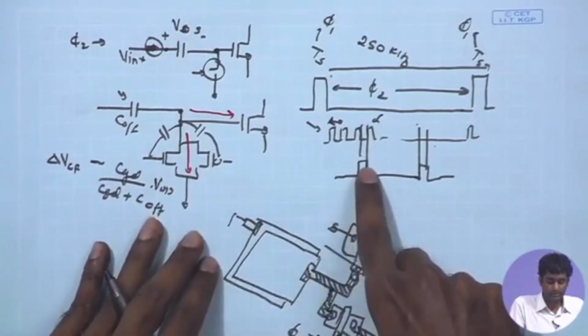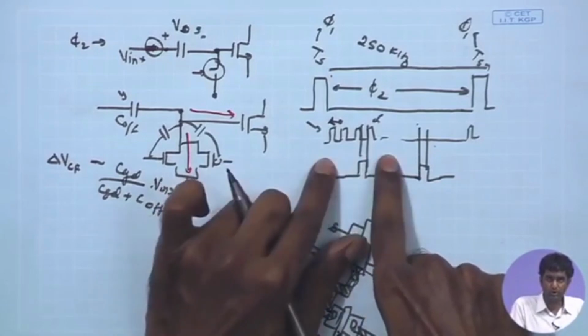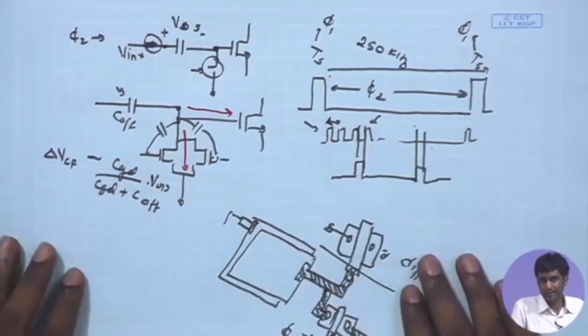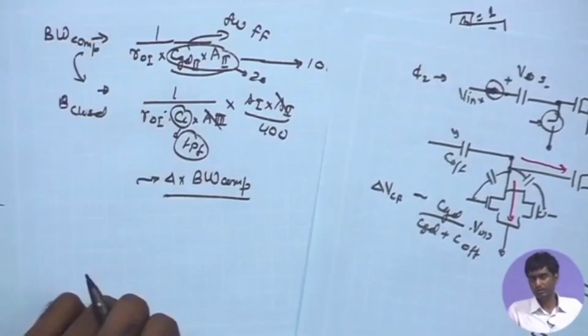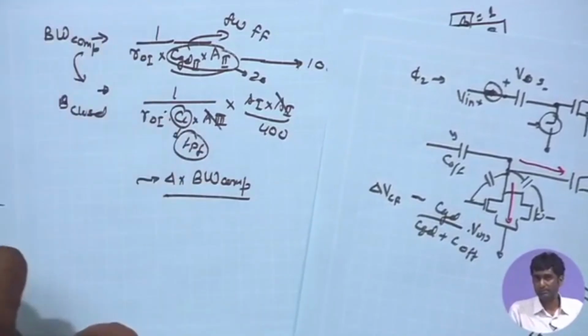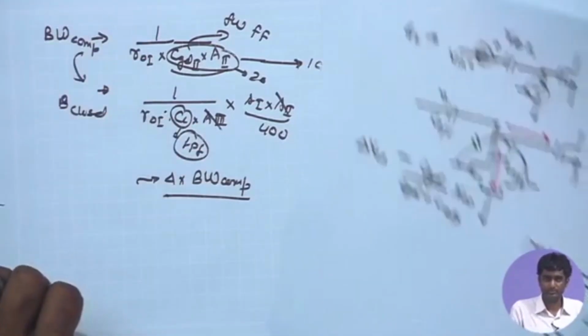So, rather than that, an easier option is to use more clock pulses for the phi 1 phase, so that I can even deal with the case where the closed loop bandwidth is falling lower than the actual comparator's bandwidth.